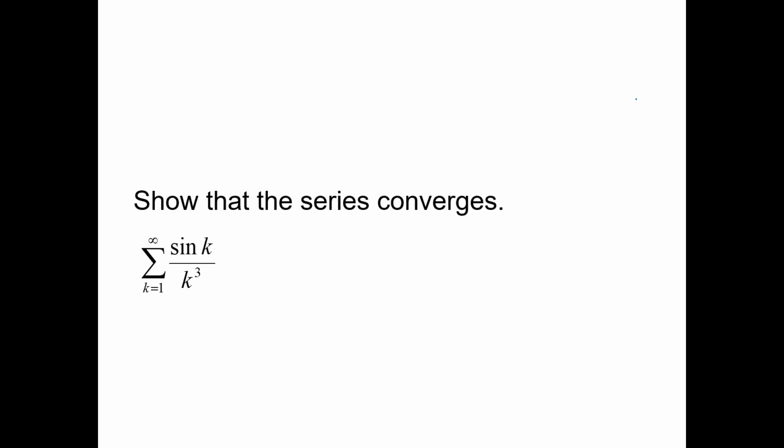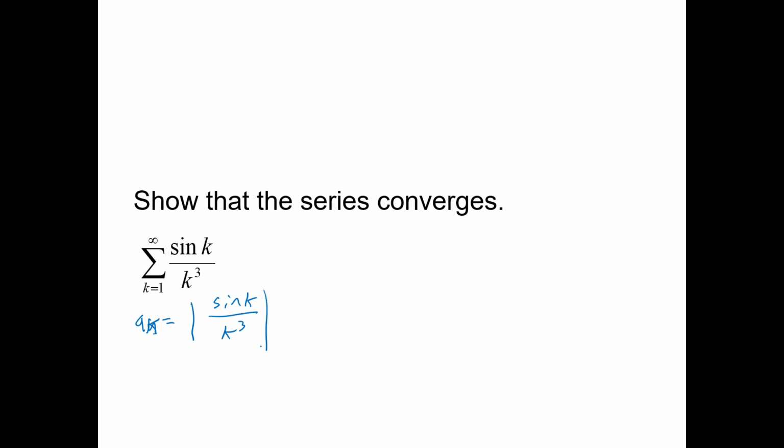Show that the series converges. Again, we can't use the test that we had before because the terms are both positive and negative. So what we can do is look at a sub k to be the absolute value of the sine of k, all divided by k cubed.